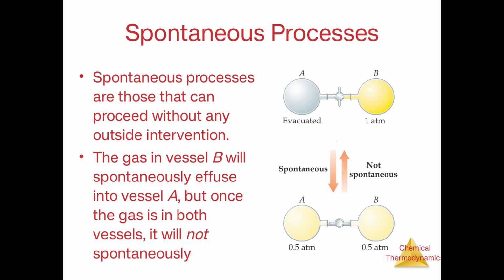So there is a connecting wall in between A and B. When I open that wall, instantaneously the gas will effuse into vessel A. But once the gas is in both the vessels, okay, both the vessels are filled, up to that we can say the process is spontaneous.